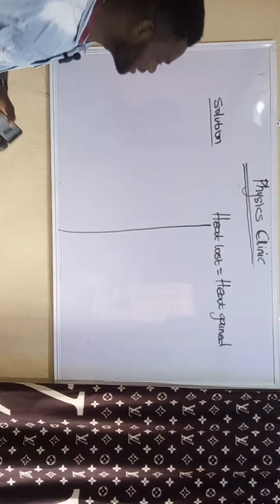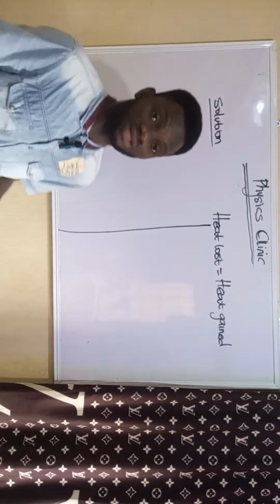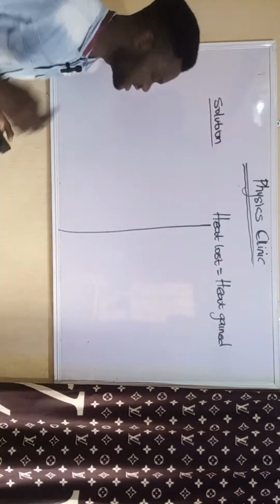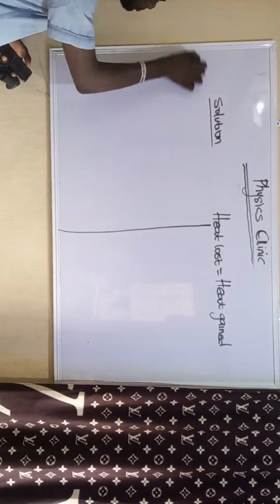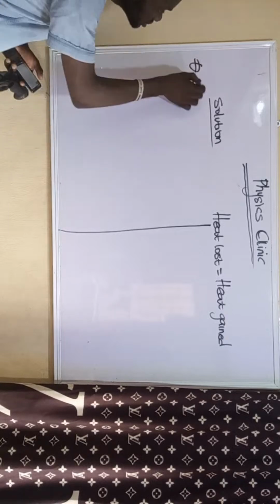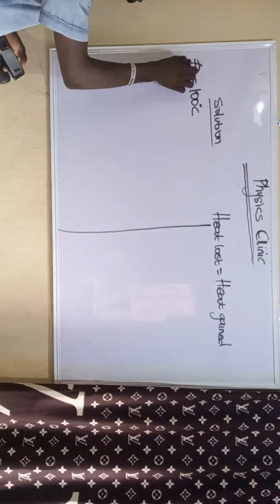From that particular question, we see very clearly that the piece of metal is the one that is losing heat. Why? Because we were told that the temperature of the piece of metal was 100 degrees Celsius. Let me call that theta m so that it will be very clear.